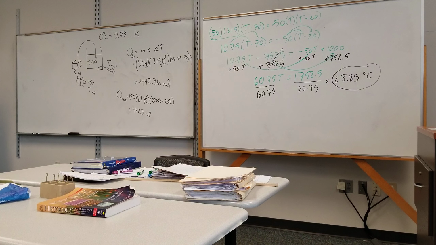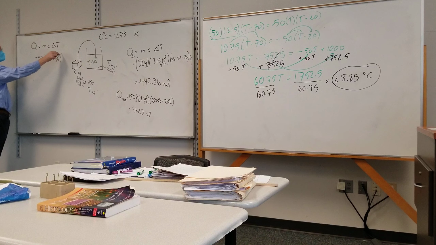Well, I can figure out how much the aluminum block's gonna lose with these numbers here. Plug into our magic formula of Q equals MC delta T. So that is 50 grams times 0.215 calories per gram degree Celsius.